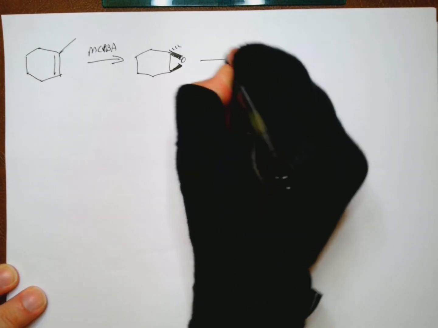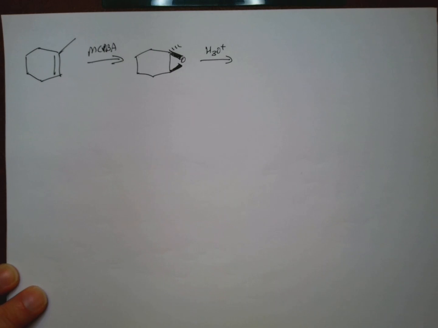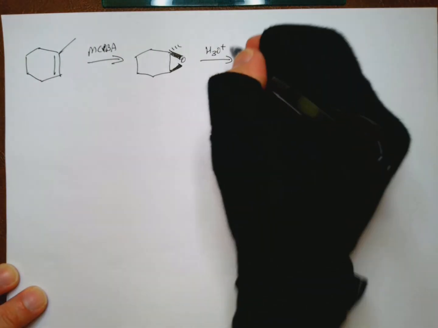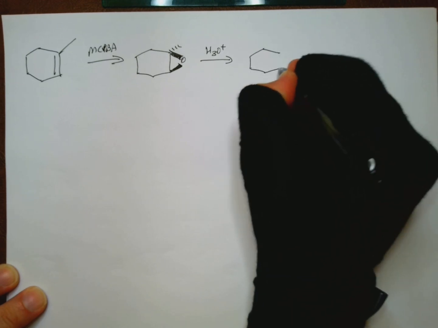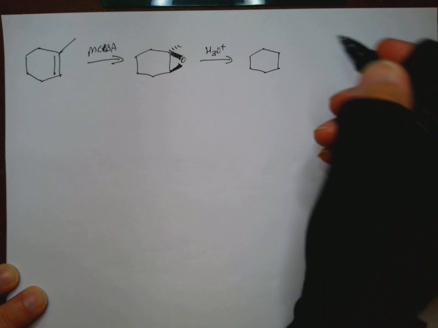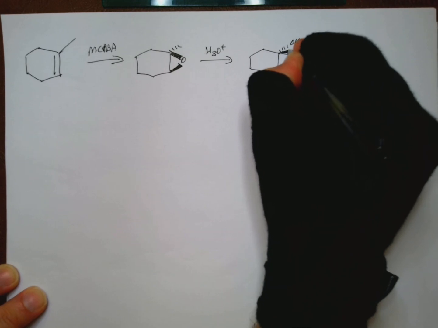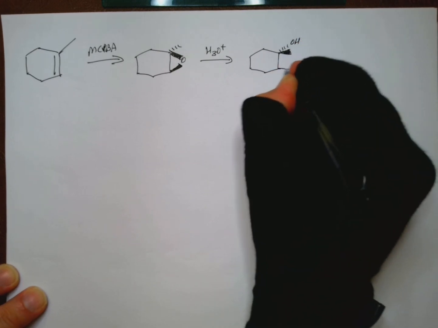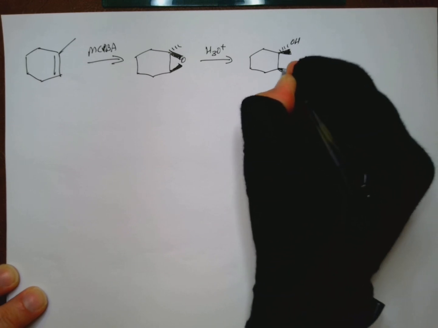And then if I open this in H3O plus, it's going to attack at the more substituted, so I'll end up with an OH like that. That guy kind of flips over, and then that pops open, and I get OH, H there.